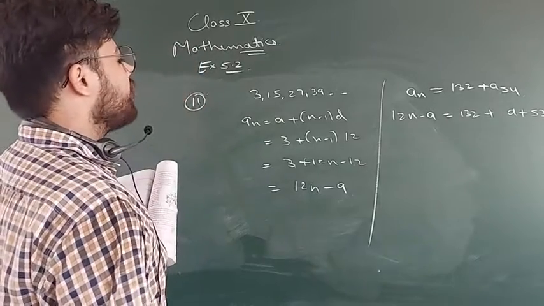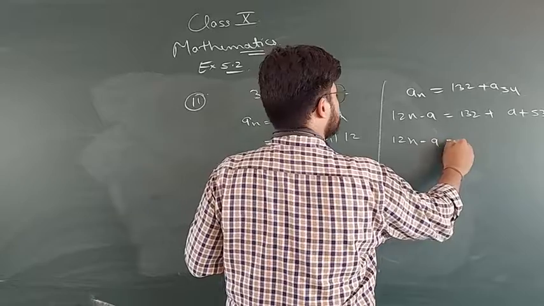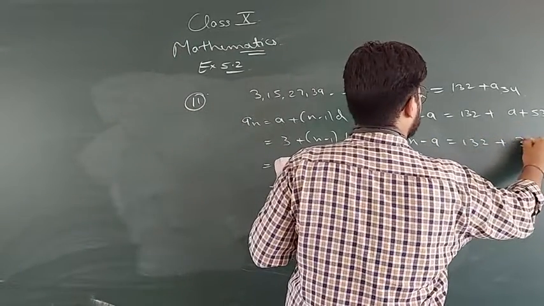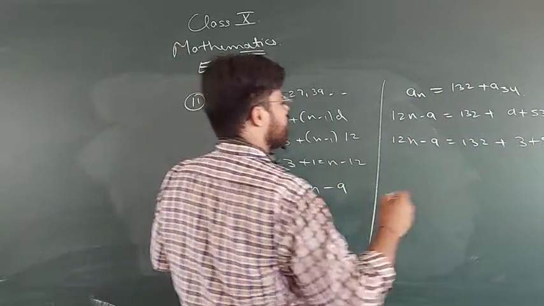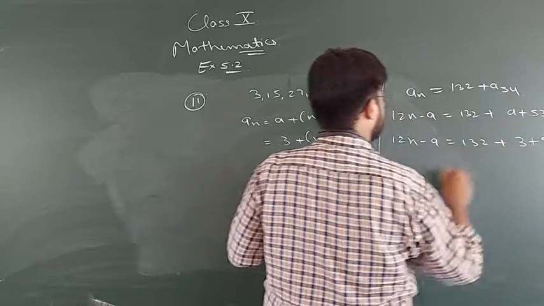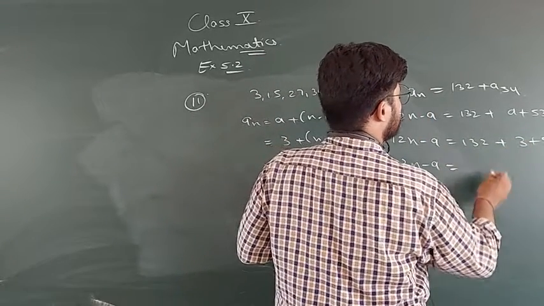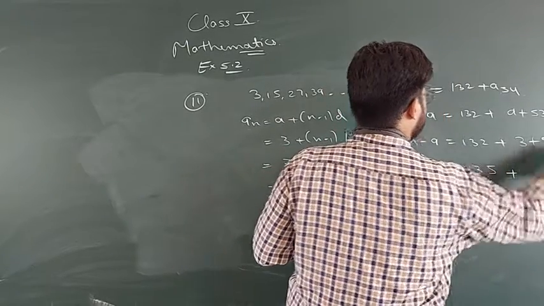Now what is the value of A and D? We have to put 12n minus 9 equals 132 plus A, which is 3, plus 53 times D. The value of D is 15 minus 3, 12. So 12n minus 9 is equal to 132 plus 3, which is 135, plus 53 into 12.